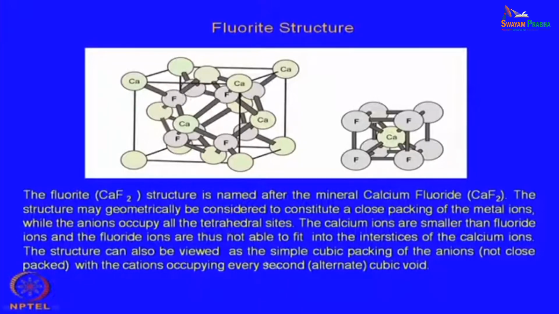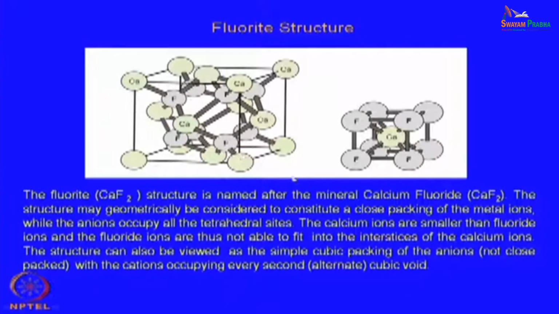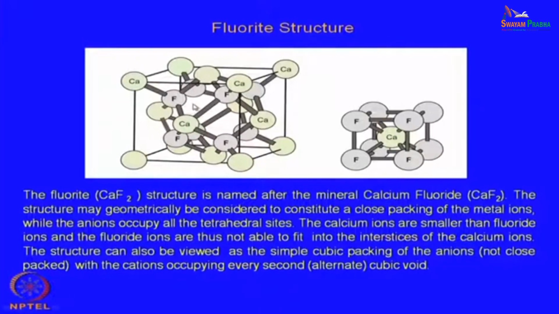Okay. Sometimes these voids are beneficial for the movement of the ions, where if you heat these materials at a higher temperature, then atoms can move through these voids. We will see later on how the atomic movement takes place and what is the role of crystal structure or imperfections.